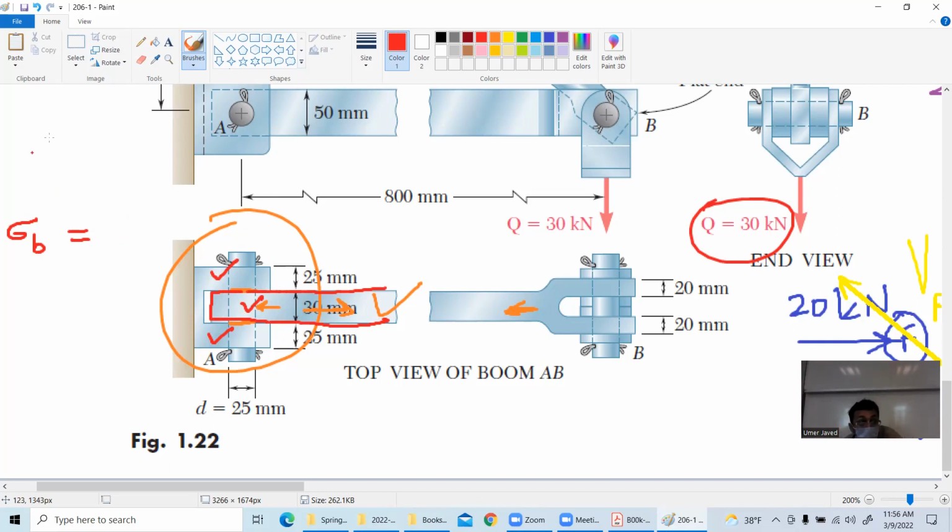So, member: determine the nominal bearing stress at A in member AB. Let me write down the English for you.